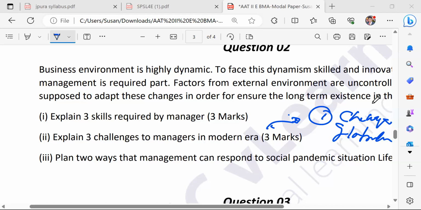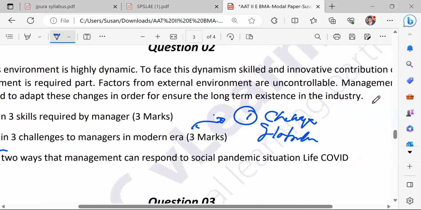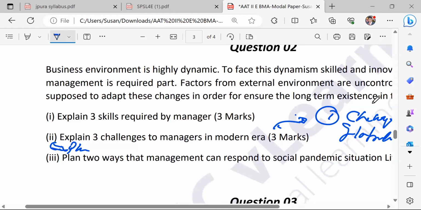Explain 2 ways that management can respond to a social situation like COVID. How can managers respond? By introducing technology and letting employees work from home, telecommuting.